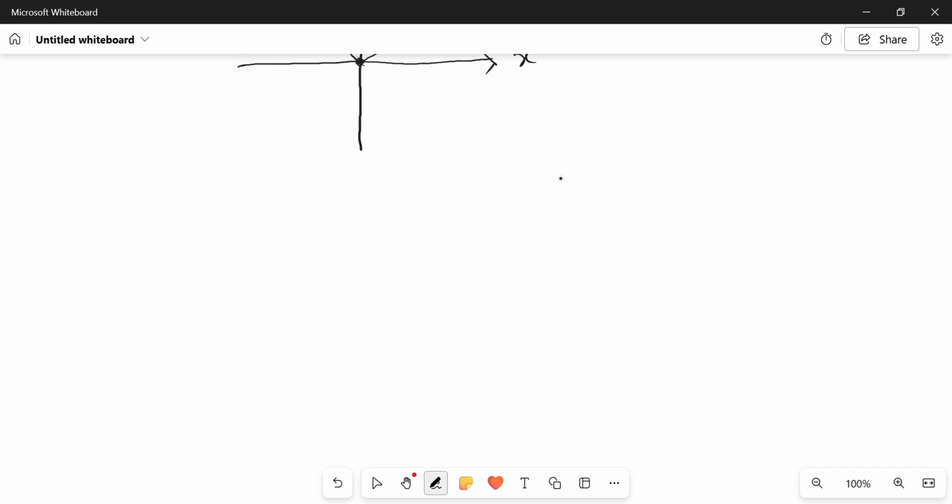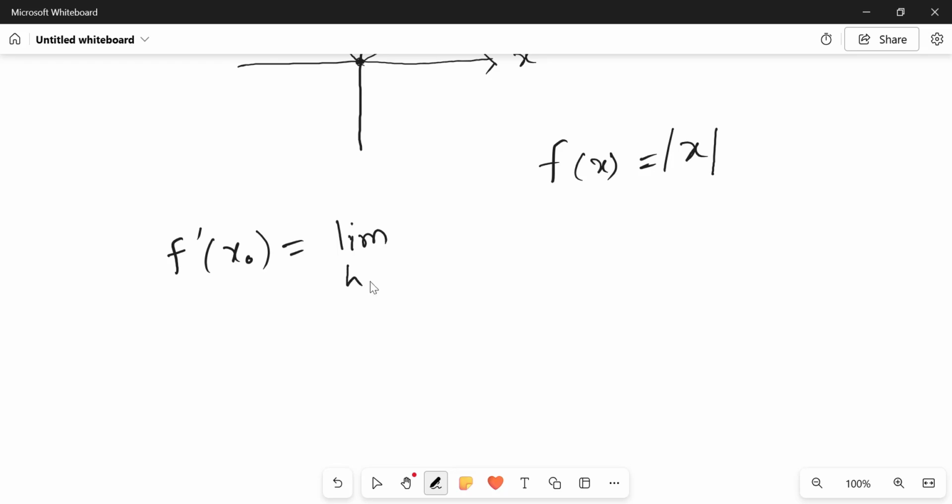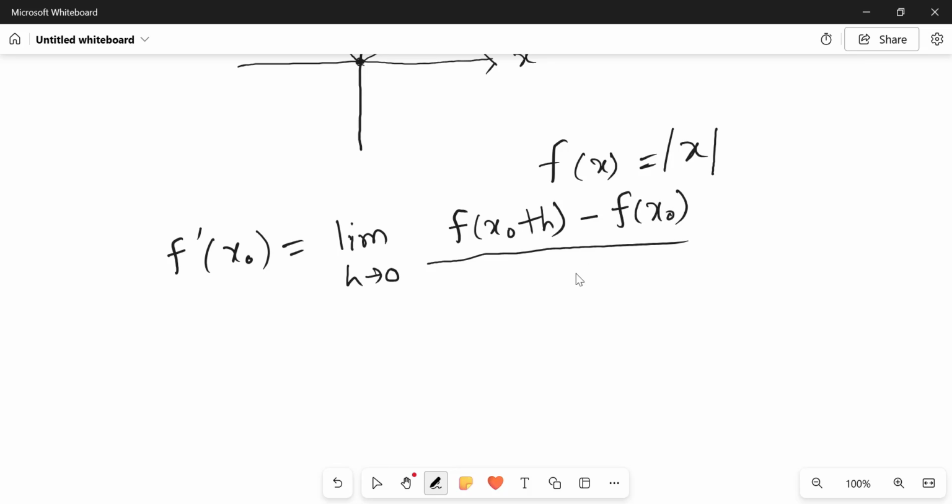Our function was f of x equal absolute value of x. So when we calculate the limit, f prime of x naught equals limit h tends to 0 of f(x naught + h) minus f(x naught), divided by h.